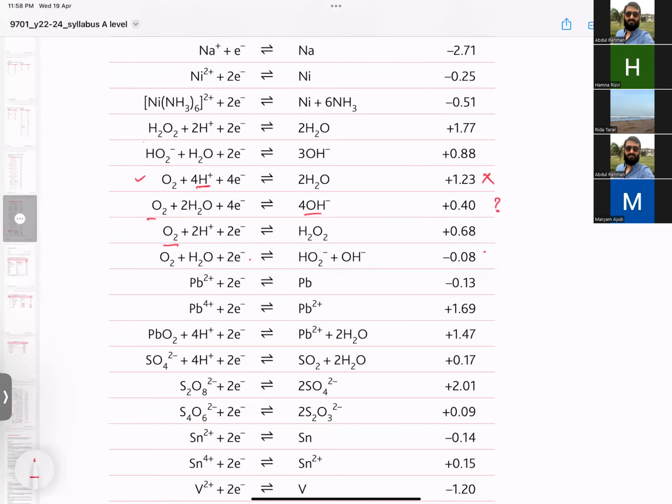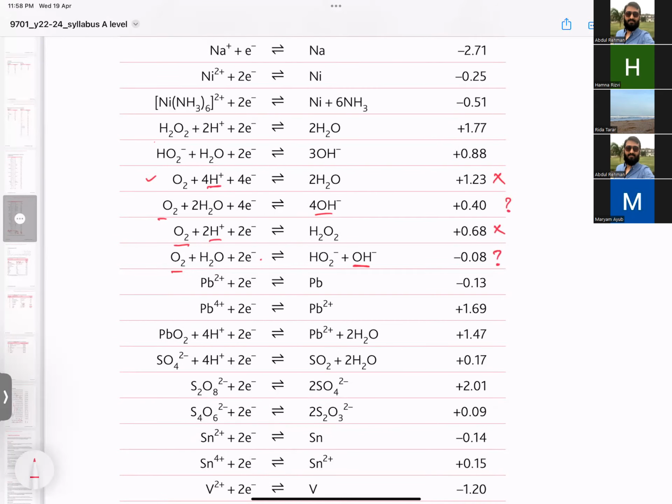Here oxygen and hydrogen ions, so this equation also cannot be used. Here we have oxygen and hydroxide ion, so we might use this.